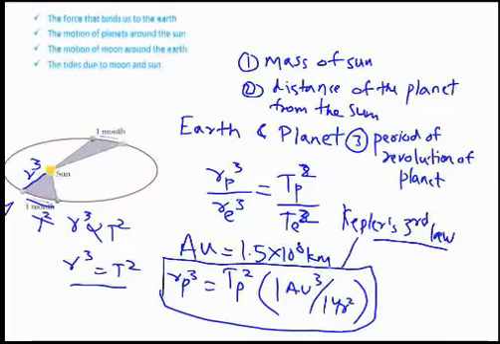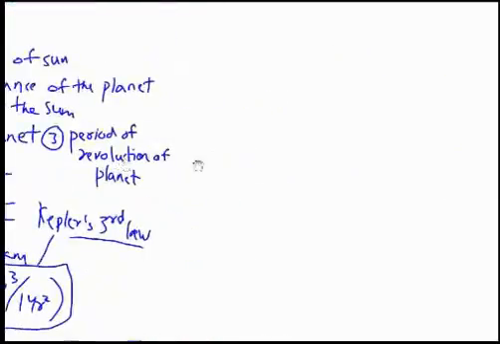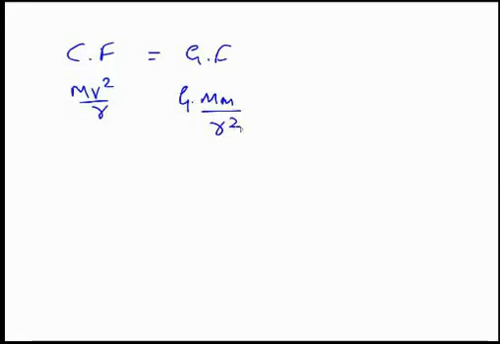Now Newton showed that Kepler's law could be derived from the universal gravitational law as well. We already know that centripetal force is equal to mv square divided by r, and gravitational force is equal to GMm divided by r square.